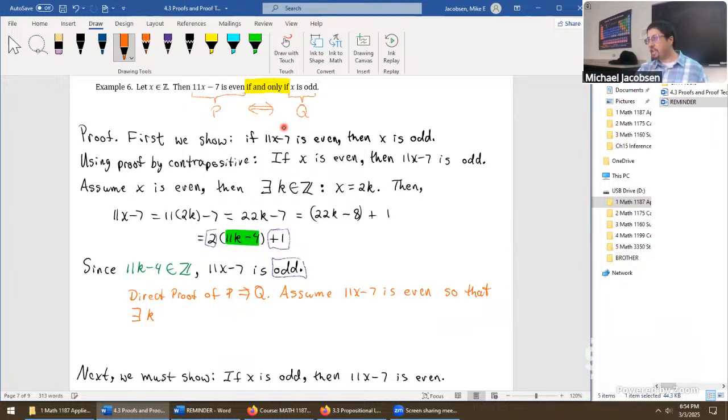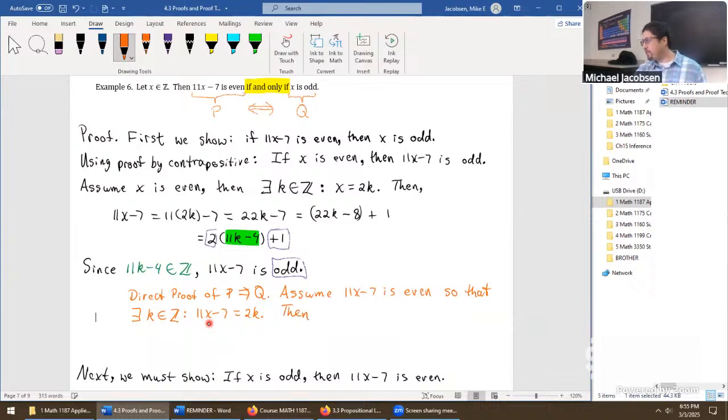There exists an integer k, so there exists k in Z such that 11x minus 7, that's the thing to be even, is equal to 2k. We need to take that information and show that x itself is odd. And again, the first time I saw this, I felt like this would be pretty hard, but I neglected to think ahead to realize if you can solve for x, maybe it's not that hard really. Let's see if we can solve for x or if we hit a snag.